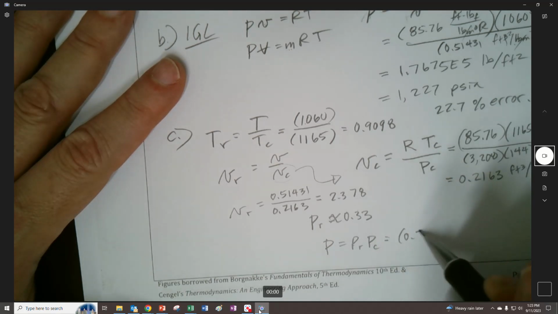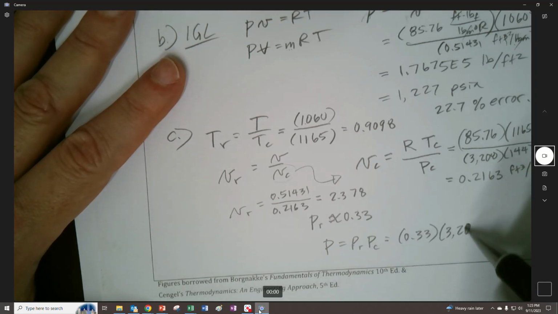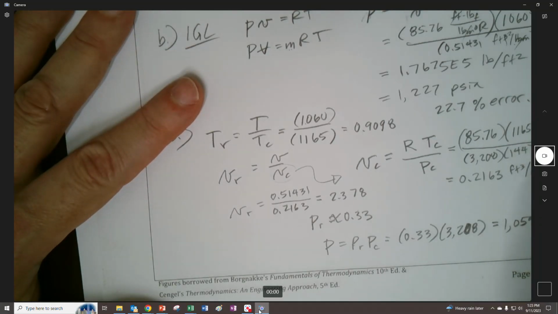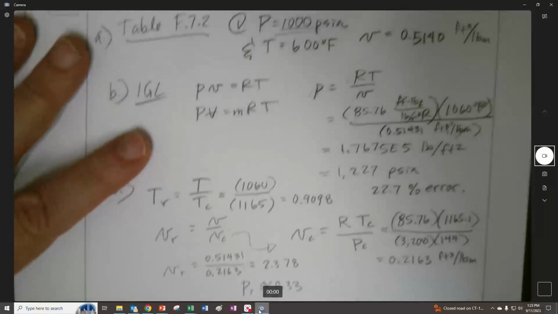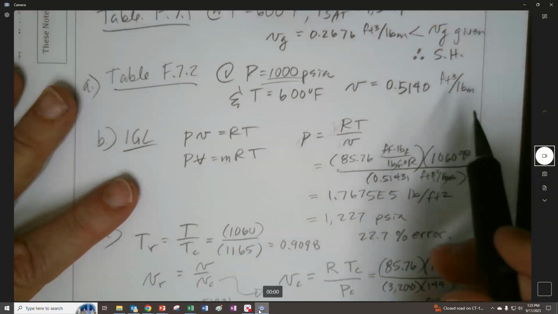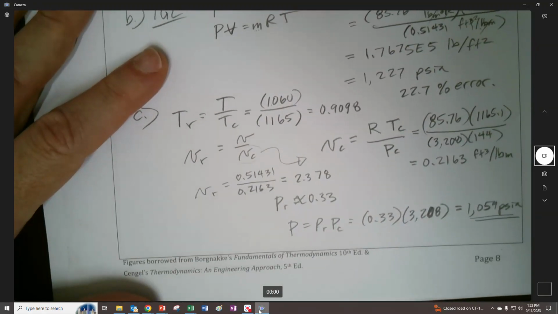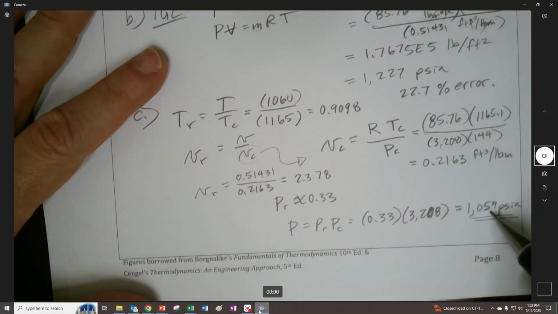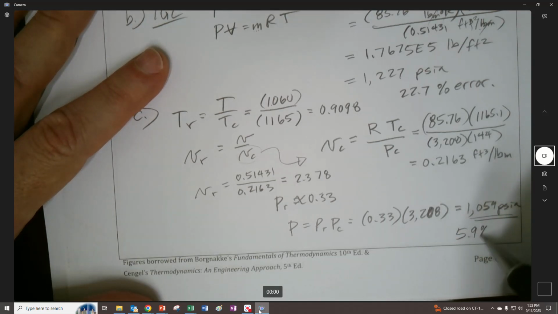So 0.33 times 3,208 is 1,059 psia, and compare that to what we found out of the steam tables, which was 1,000, right? So we have a pretty good match. It's like 5.9% error, which is acceptable.